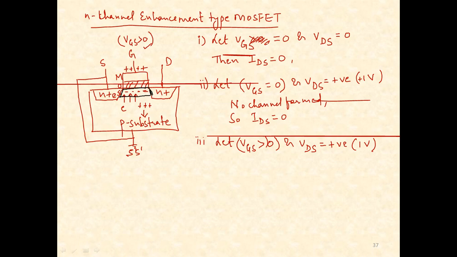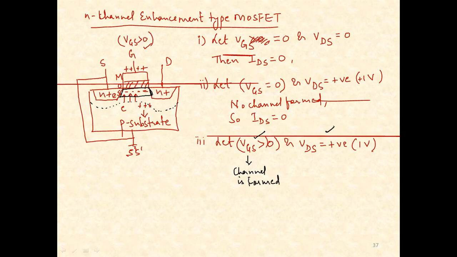This channel is almost either rectangular or trapezoidal shape. But the important point is there is always a depletion layer present. You should never forget it, even if it is not mentioned in your textbook diagrams, but it is always present. Depletion layer. Right now, because VGS is greater than 0, I'll just be writing, because of VGS, channel is formed.